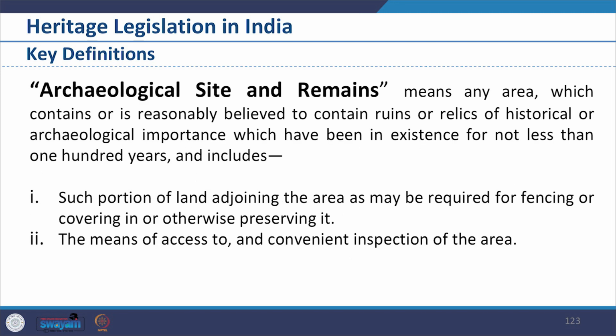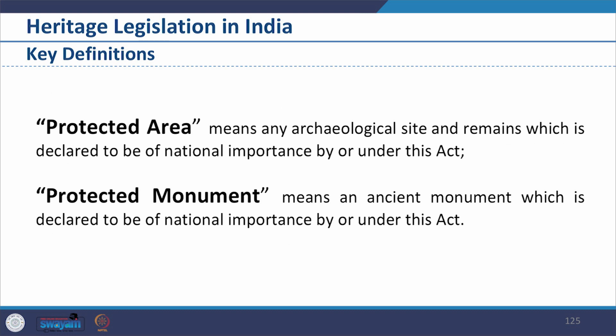Furthermore, you may see that archaeological site and remains are also defined, which means any area which contains or is reasonably believed to contain ruins or relics of historic or archaeological importance. So that all comes under this. Here you may pay attention: protected area. Protected area means any archaeological site and remains which is declared to be of national importance by or under this Act.